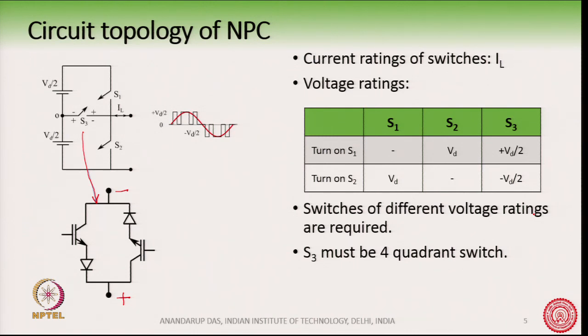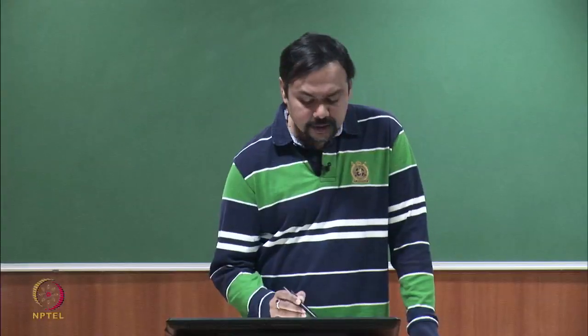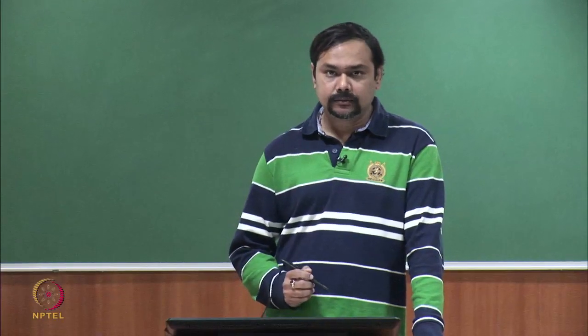Next, suppose I want to use switches of the same rating, because in the last slide we saw that we need switches of Vd for S1 and S2 and Vd by 2 for S3.